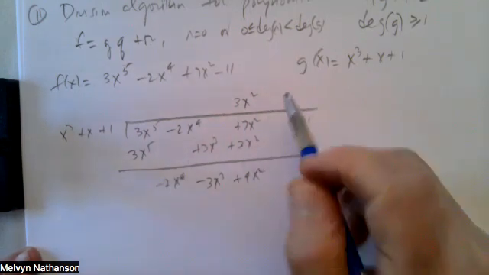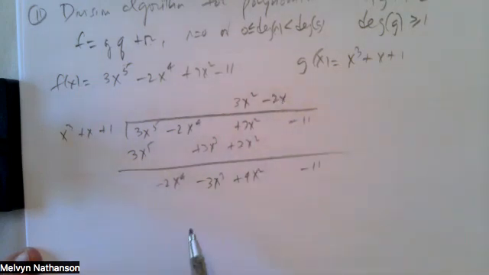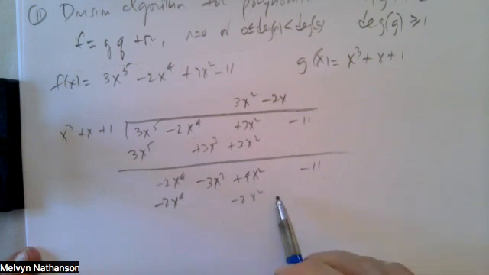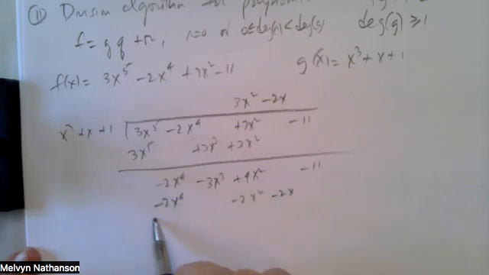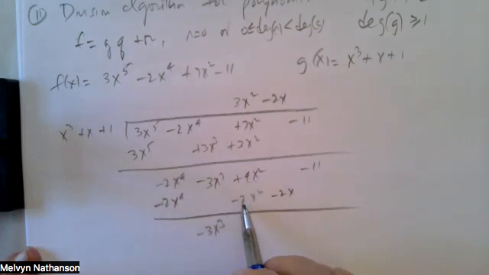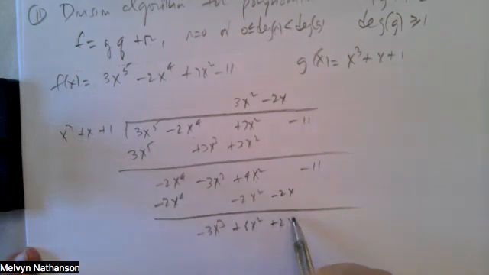X cubed goes into this, minus 2x times. Minus 2x times this is minus 2x to the 4th minus 2x squared minus 2x. When I subtract, I get minus 3x cubed, 4 minus minus 2 is 6x squared plus 2x minus 11.